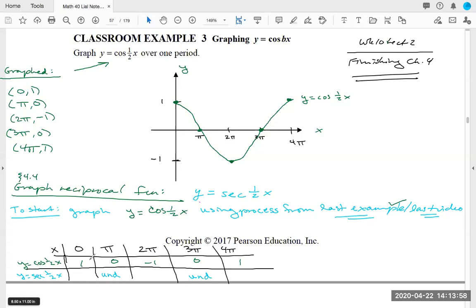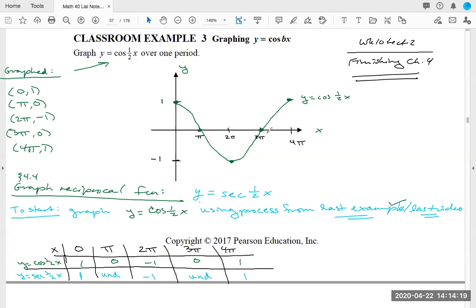And anywhere you have a 1, you're going to have the same value for secant: 1, -1 the same value, 1 the same value.